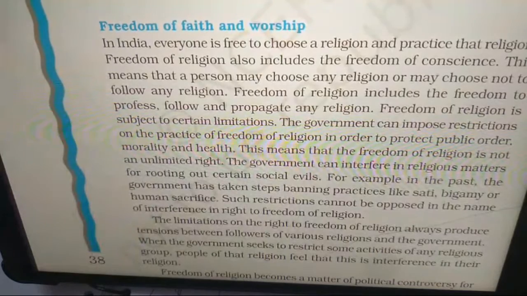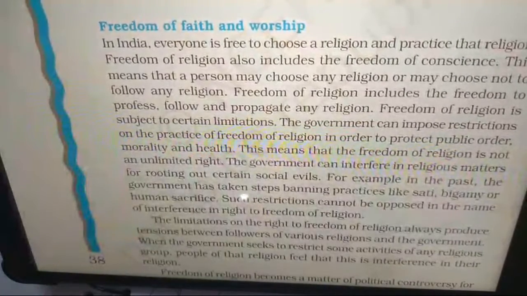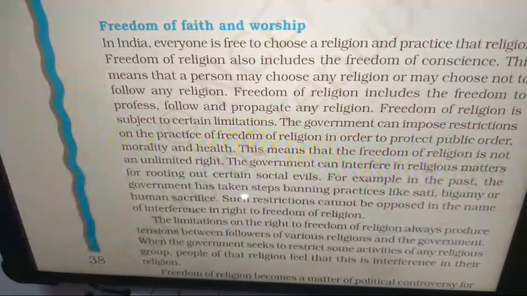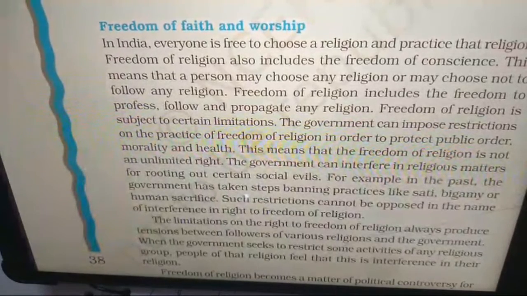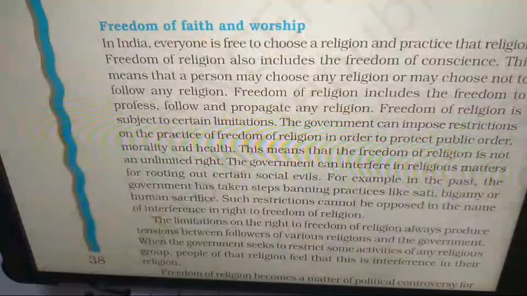The government can interfere in religious matters for rooting out certain social evils. For example, in the past, the government has taken steps banning practices like sati, bigamy, or human sacrifice. Such restrictions cannot be opposed in the name of interference in the right to freedom of religion.